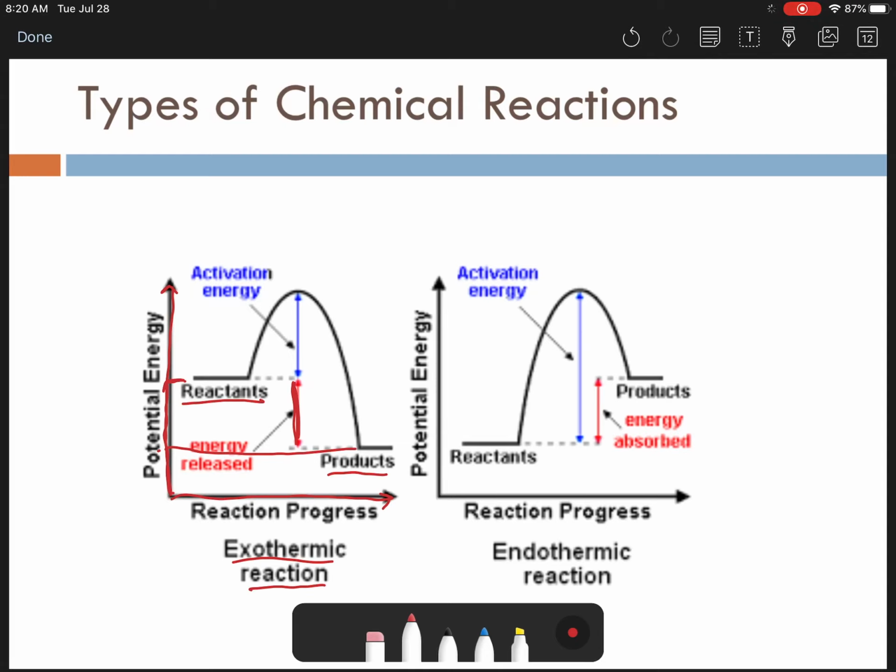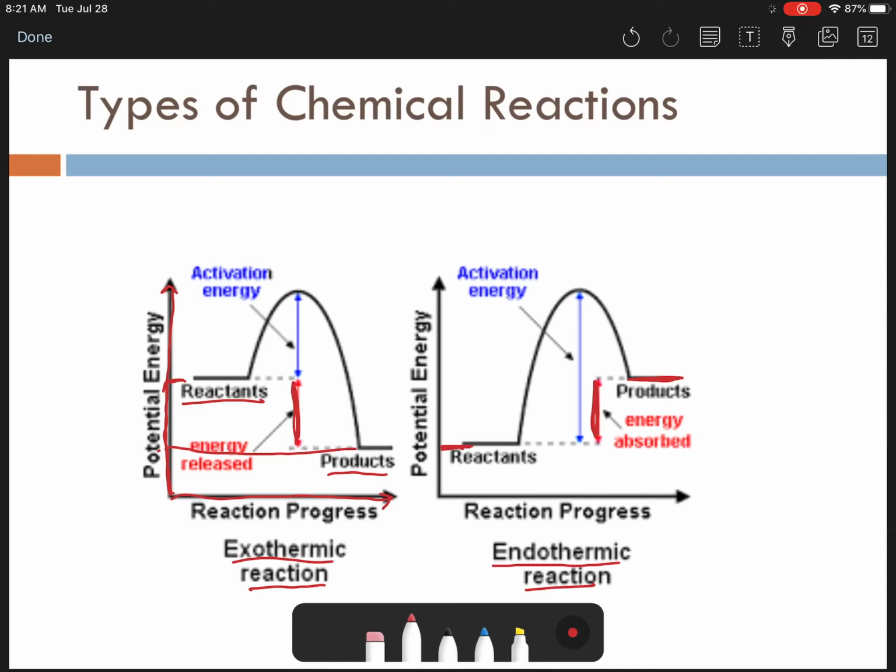If it's an endothermic reaction, remember that's where you're absorbing more energy. And here we have the reactants down here, how much energy they have. Look how much energy we ended up with, how much the products had. That means we had to have absorbed energy in order to have a product that has more energy than the reactants. So that's why that is an endothermic reaction, because it absorbed more energy.